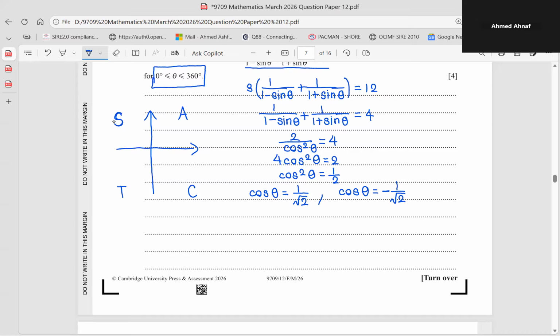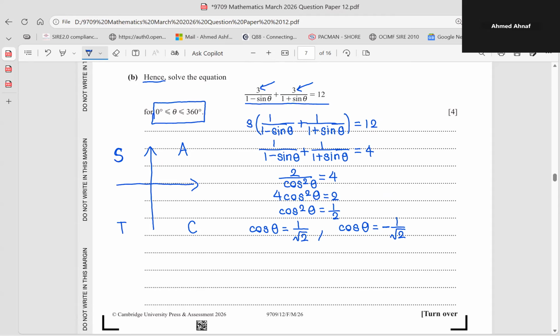In the second quadrant, S, only sine is positive, and so on for T for tangent and C for cosine. Our domain for theta is from 0 to 360 degrees inclusive, so it's basically the entire circle.